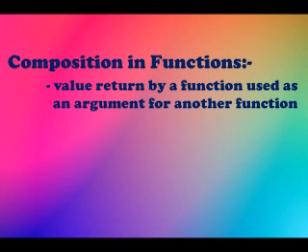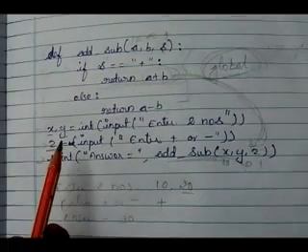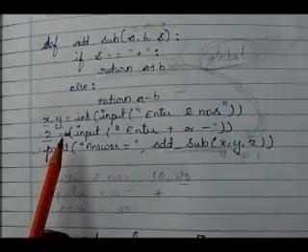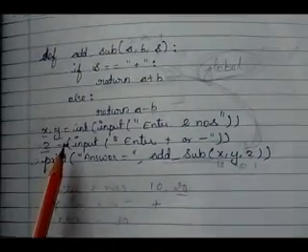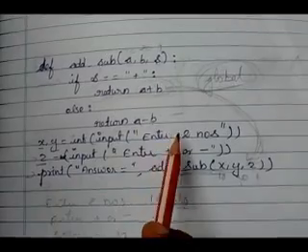Next one is composition in function. That means the value returned by one function is used as the argument of another function. In this example, x, y = int(input()), enter two numbers.